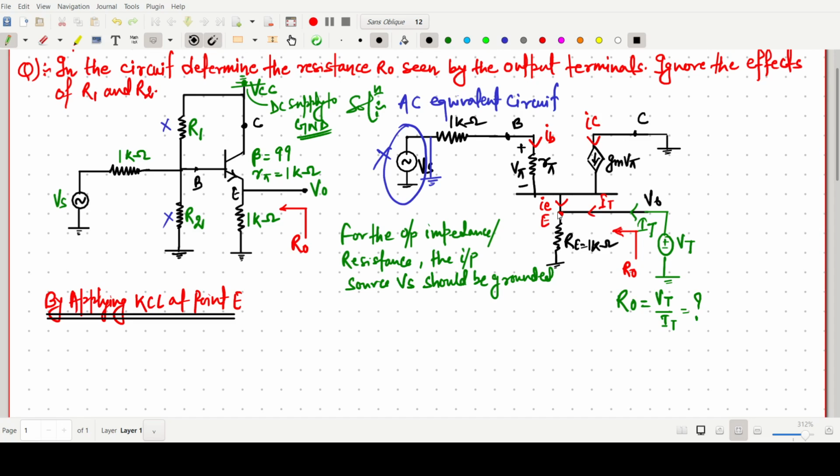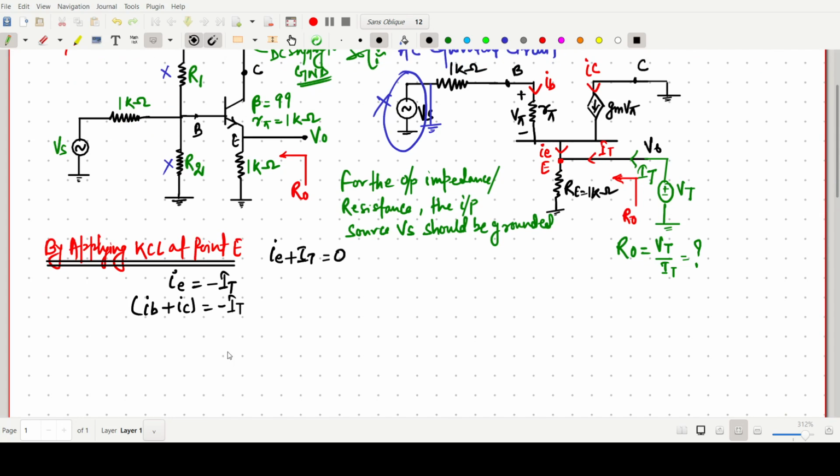Total incoming current at this point will be IE plus IT, so one can easily write IE plus IT equals 0, or simply IE equals minus IT. Now the emitter current IE is the sum of IB plus IC. So in the next line, I am writing IB plus IC equals minus IT.